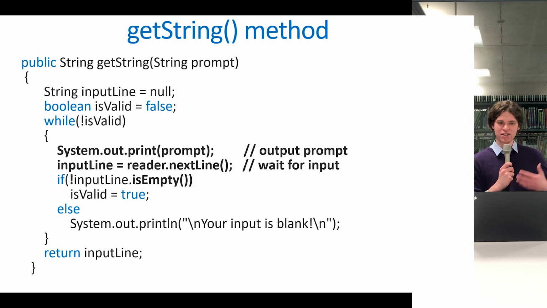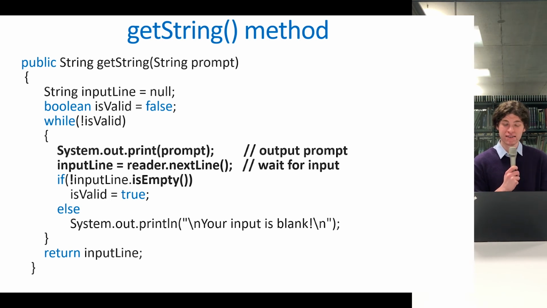So this validation part now comes in, because if the input is blank, this is just a simple check. We're mandating that this is a mandatory field. We can't let this be blank. So if inputLine is empty, we print out a message, and we don't allow the user to progress.